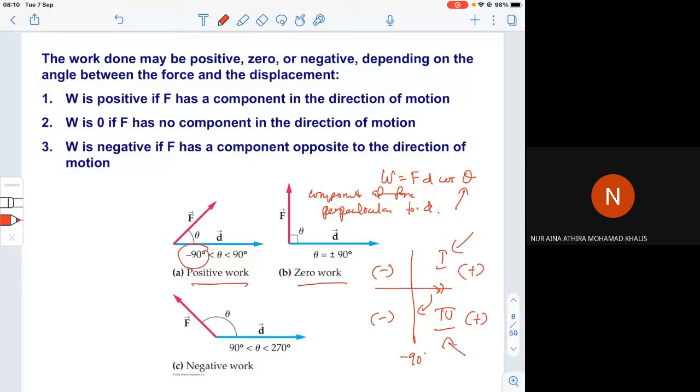That's how you determine whether the work is positive, negative, or zero. Definitely when theta is 90, remember cos 90 is 0, where cos 0 is 1. So we need to know the concepts of how to get zero work or positive and negative work.